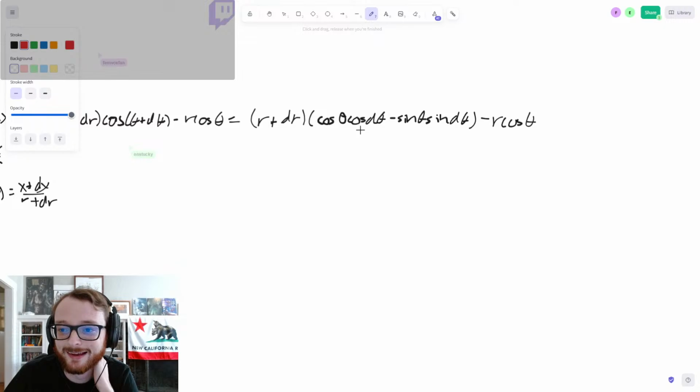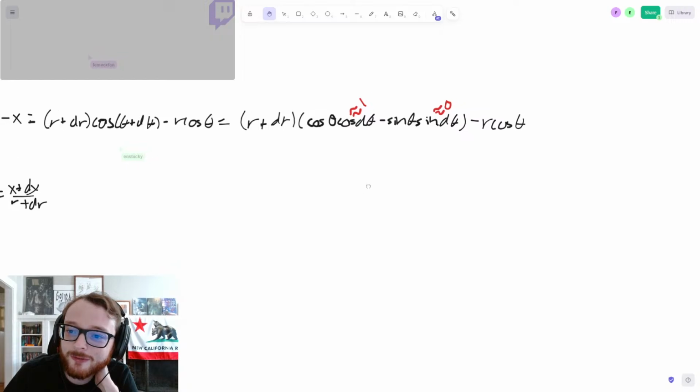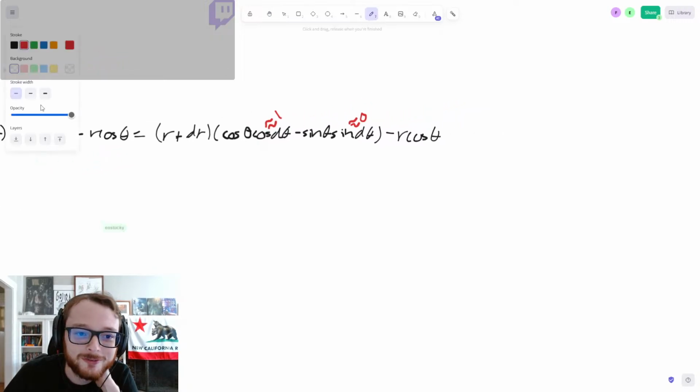So I guess what I would say is that cosine of d theta is about 1, and that sine of d theta is about 0. Oh, well, that gives us a really simple thing, though, if this is true, which is a big if, because the arc cosine thetas go away. Sine of d theta is not about 0. Oh, it's about d theta.